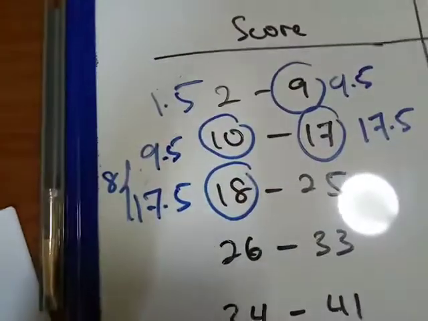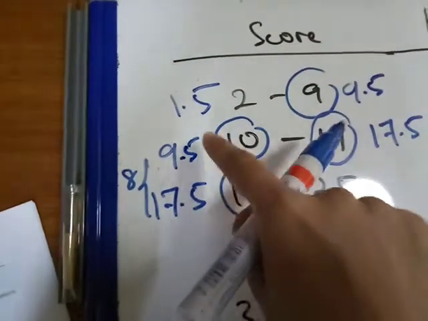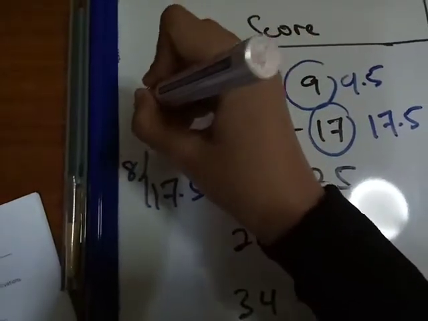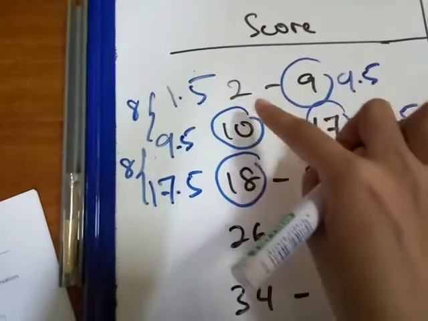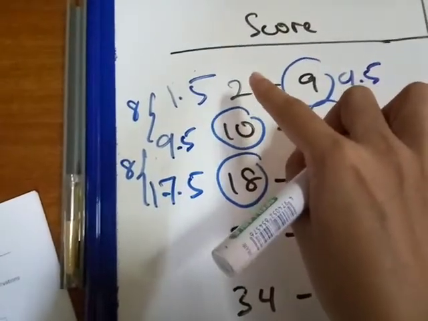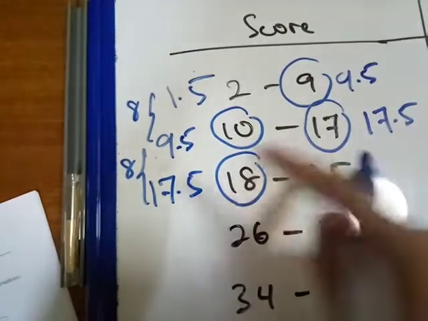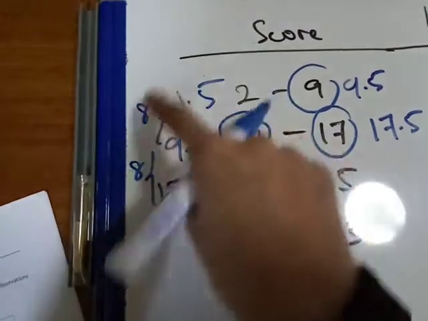Awak akan dapat 1.5. Okay, kita just tahu kita guna class size dia, the difference between the first class and second class, which is 8. So 9.5 yang second class ni awak tolak dengan 8, awak akan dapat 1.5.